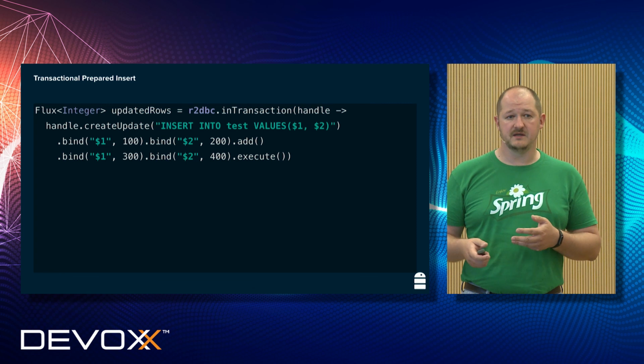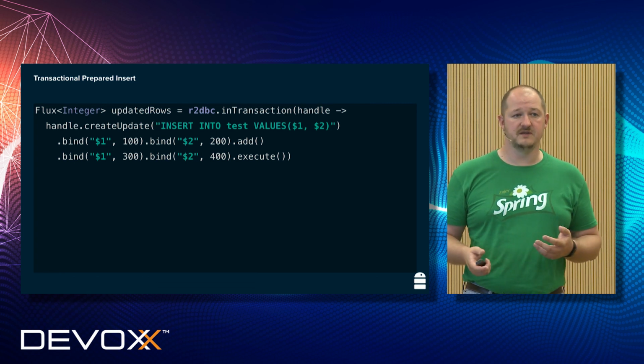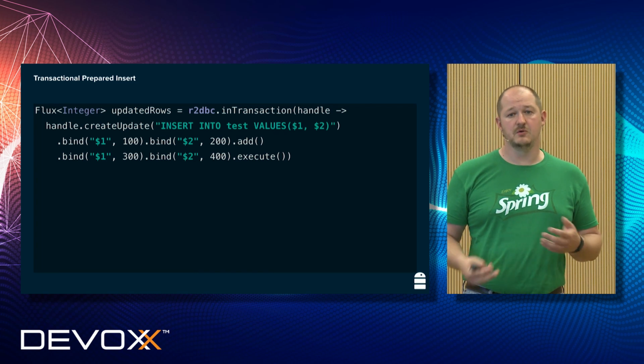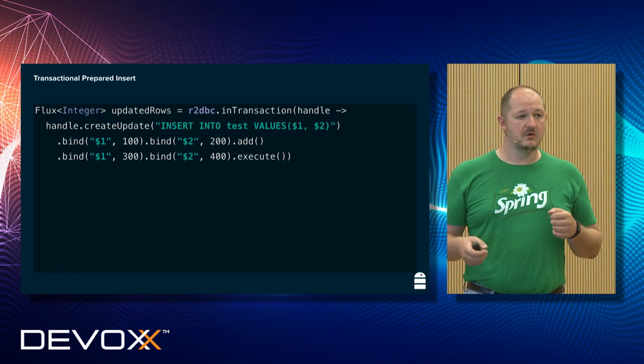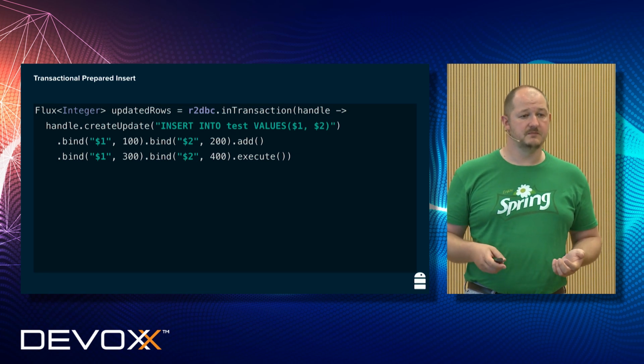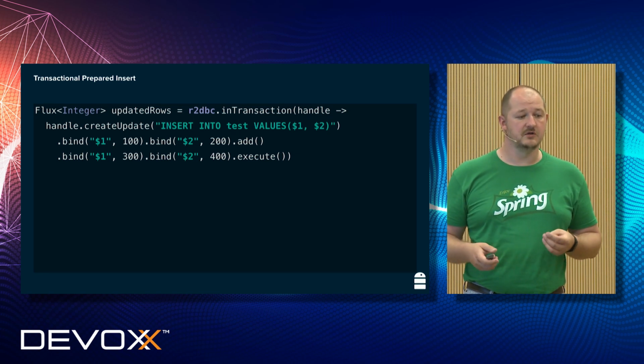There is no single client that spans across all these things and gives you everything without drawbacks. You always have this pro and con side, and this is how an R2DBC client oriented on JDBC could look like.